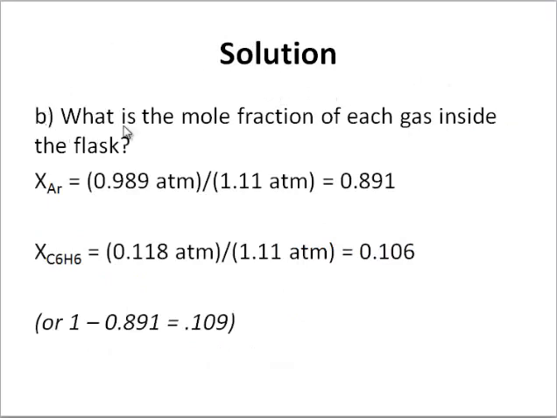Finally, we're asked for mole fractions. So what is the mole fraction of each gas inside the flask? Divide partial pressure by the total pressure. Mole fraction of argon is 0.981. Mole fraction of C6H6, or benzene, is 0.106, which we find by taking the C6H6 pressure and dividing it by the total pressure.